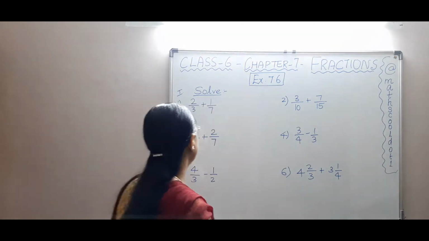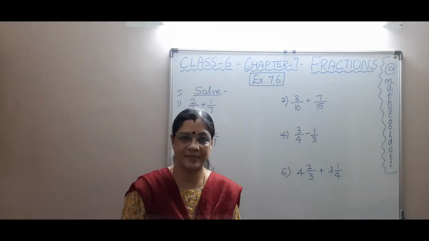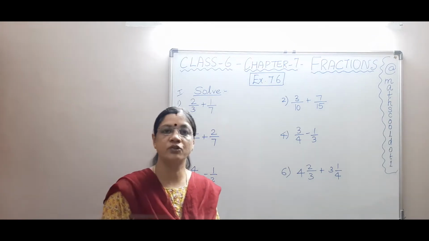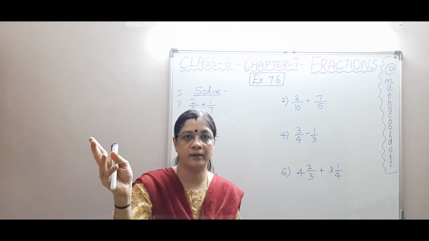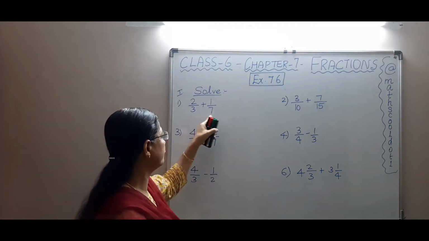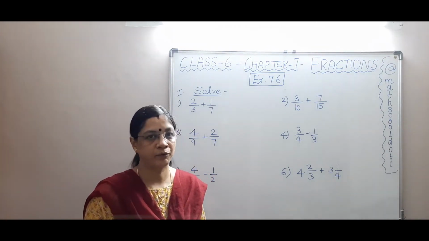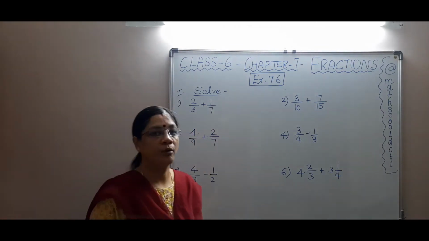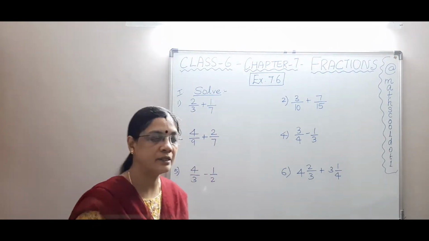Okay, so let's start with the first problem: 2 by 3 plus 1 by 7. Now if you have the denominators the same, it will be easy for you to add, isn't it? You just add the numerators and put the same denominator. But when you have different denominators, what do we do? As I said before, if you have different denominators, just find the LCM of the denominators.